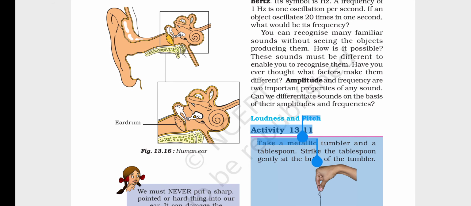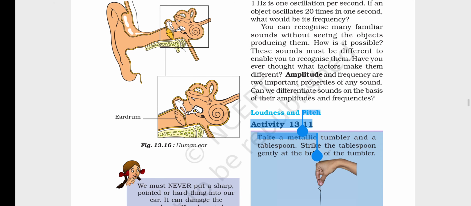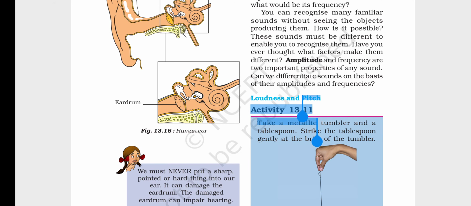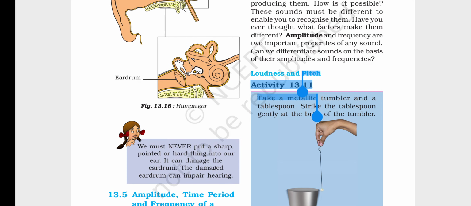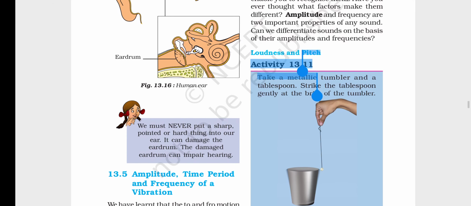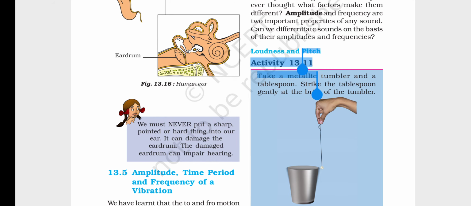The sounds must be different to enable you to recognize them. Have you ever thought what factors make them different? Yes, amplitude and frequency are two important properties of any sound. Can we differentiate sound on the basis of the amplitudes and frequencies?